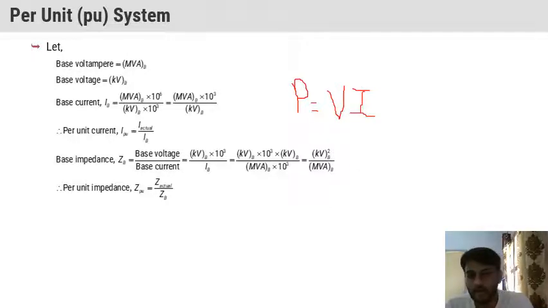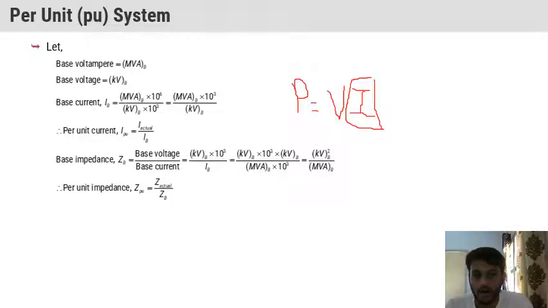Now if we want to calculate I, what will we do? We divide power by voltage. Power is in MVA, so we have the MVA base, and in the division we have the kV base. It is multiplied by 10 raised to 6 because we take MVA as mega, and the kV is multiplied by 10 raised to 3.